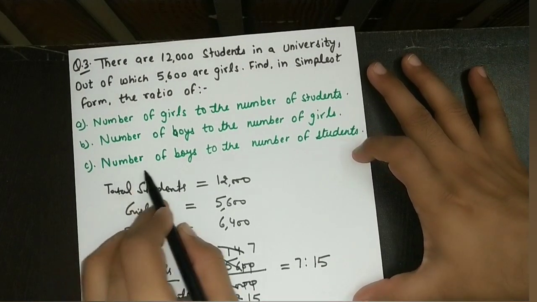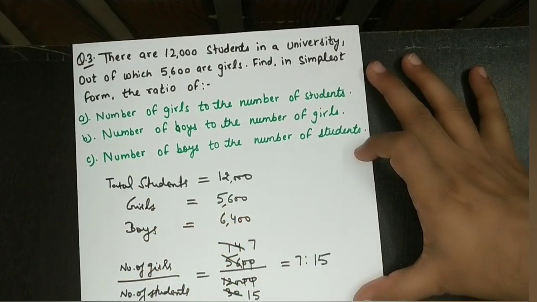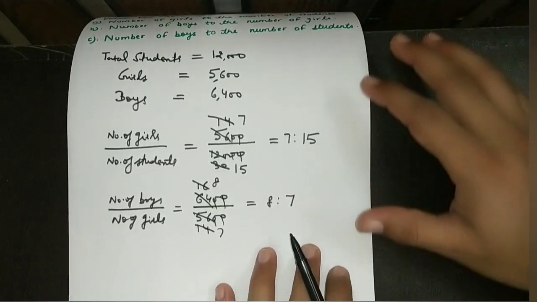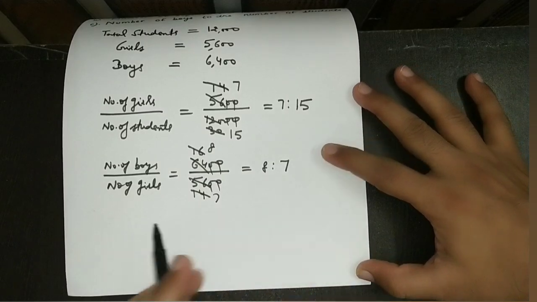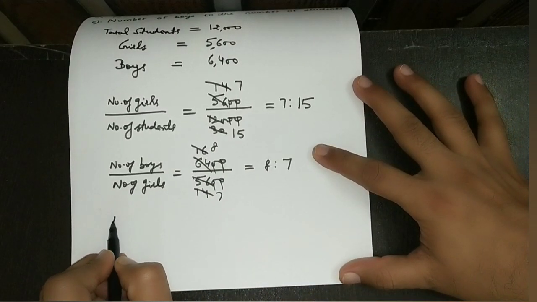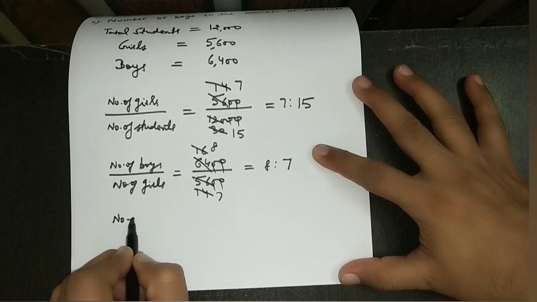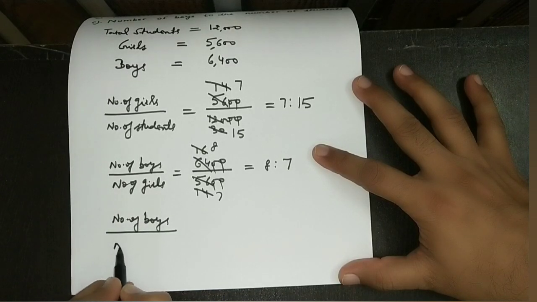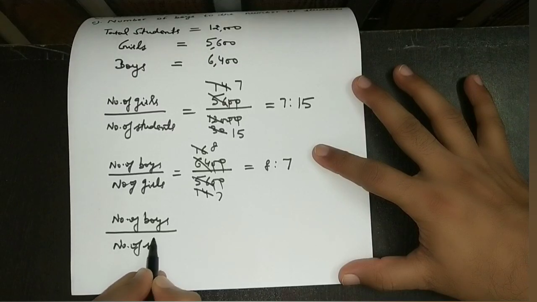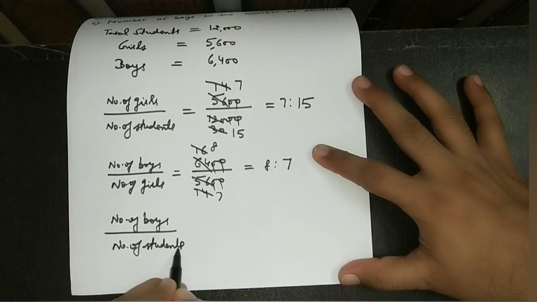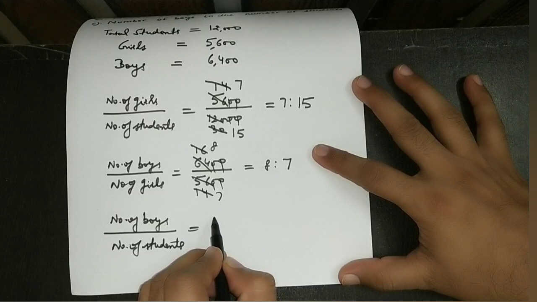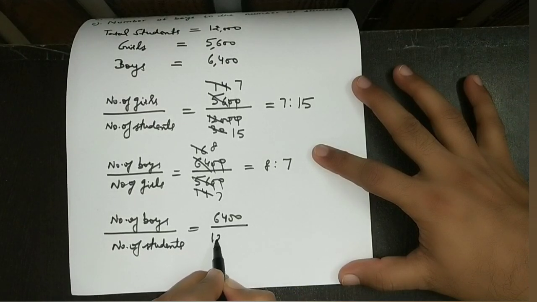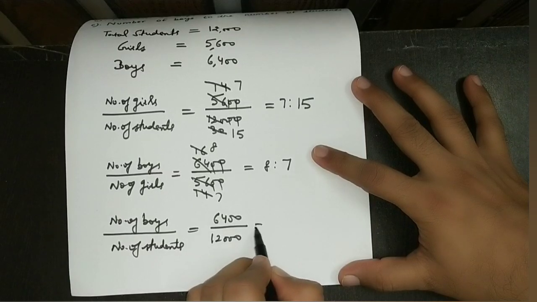The last part is the number of boys to the number of students. The number of boys is 6,400, the number of students is 12,000.